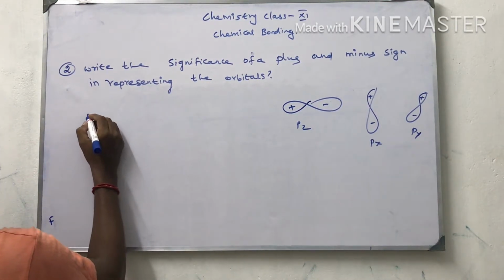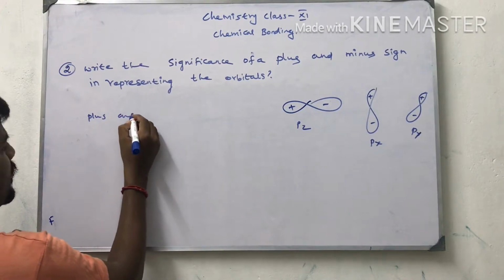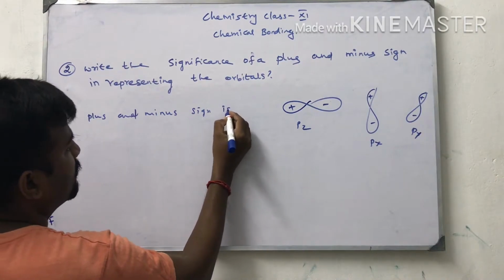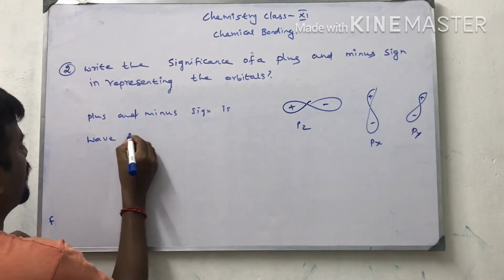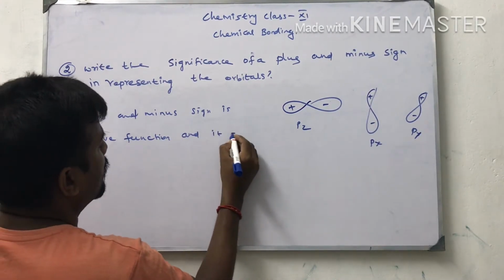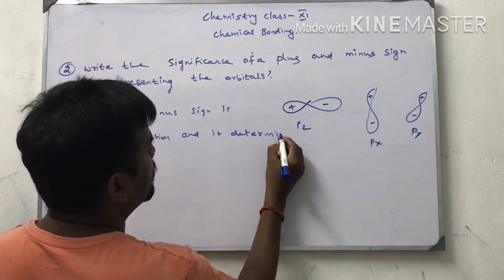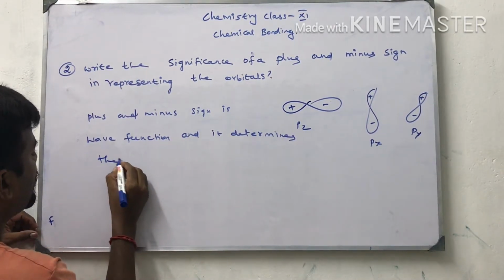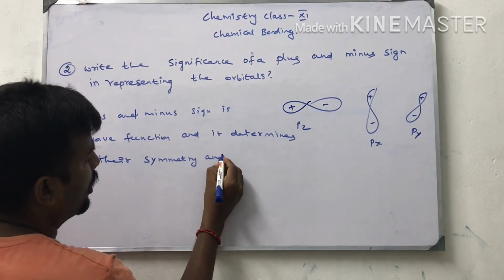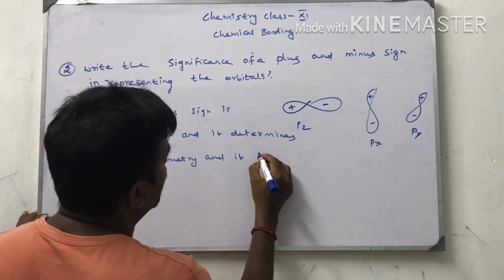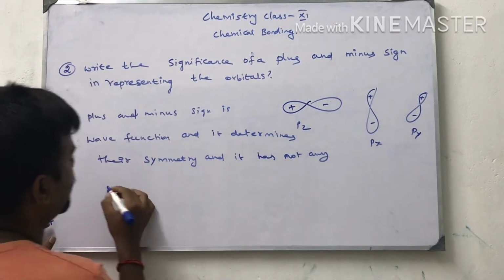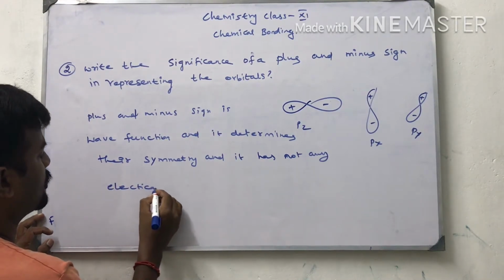The plus and minus sign is the wave function, and it determines their symmetry. It does not have any electrical charge like positive or negative charge.